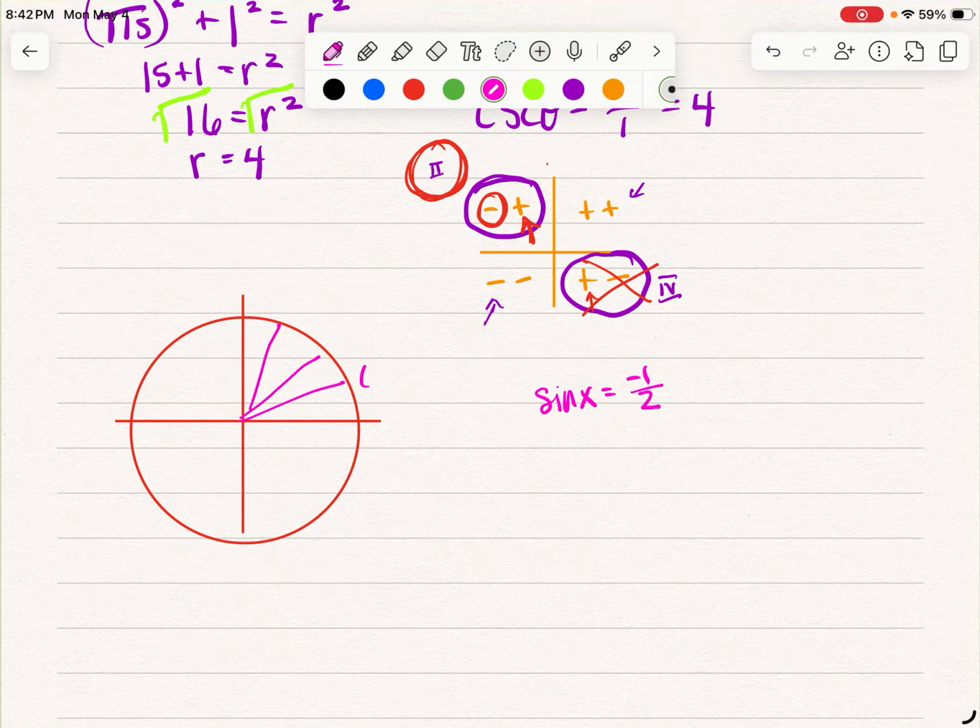And if you remember, we have an x and y coordinate for each one of them, and the y coordinate is the sine value, and the x coordinate is the cosine value. So really, if you have your circle, all you have to do is look around your circle to see which ones have a y value of -1/2. I'll go ahead and tell you, it's going to be the one right here and right here.